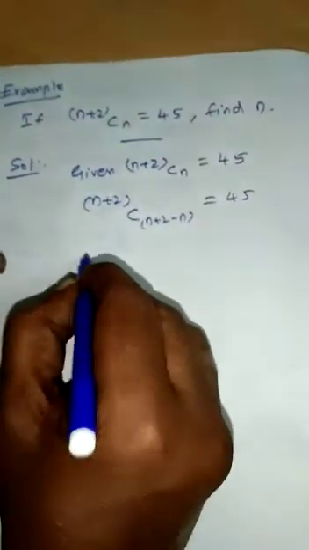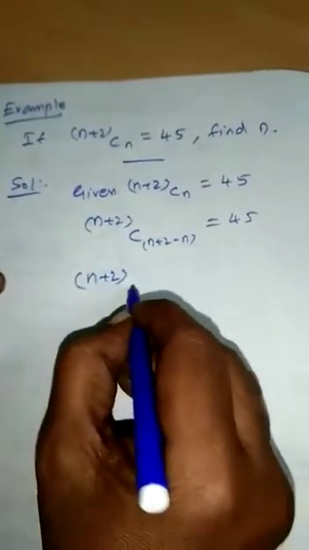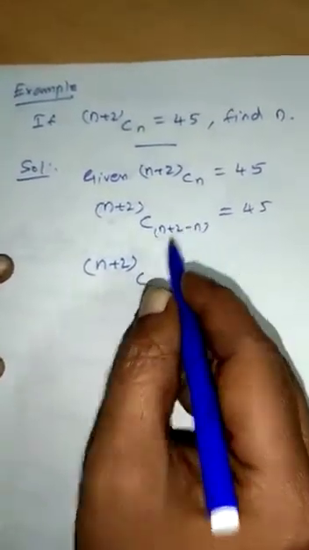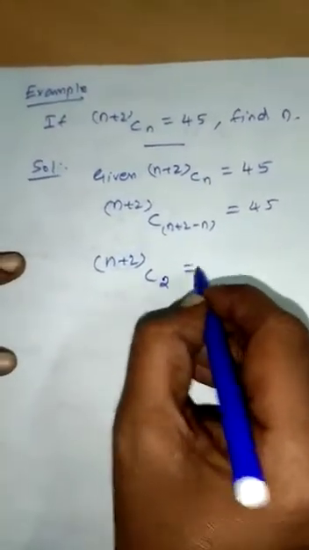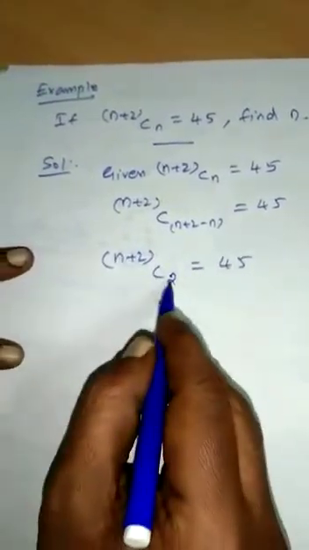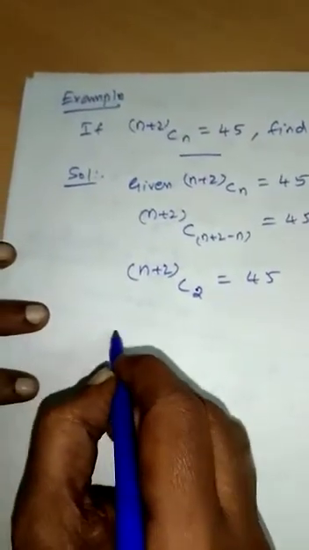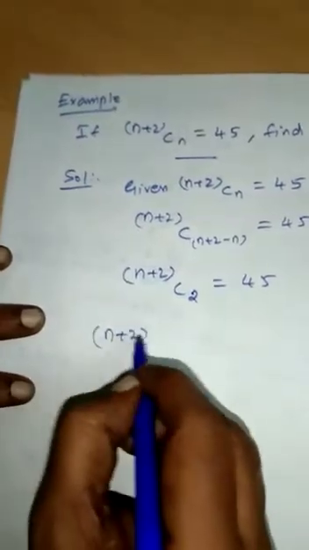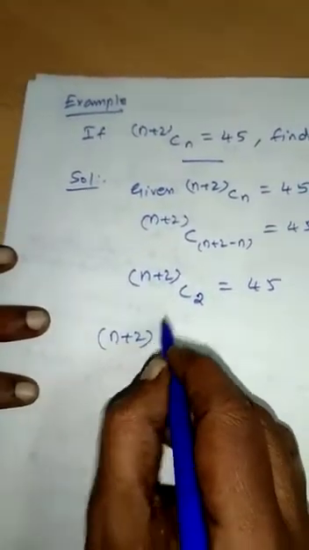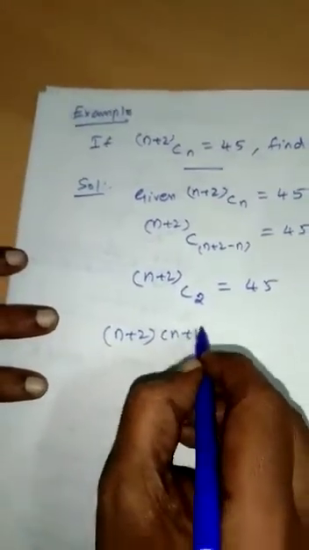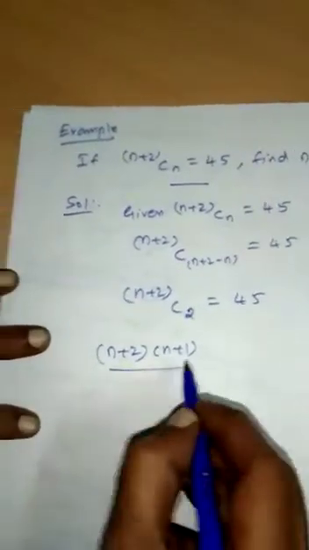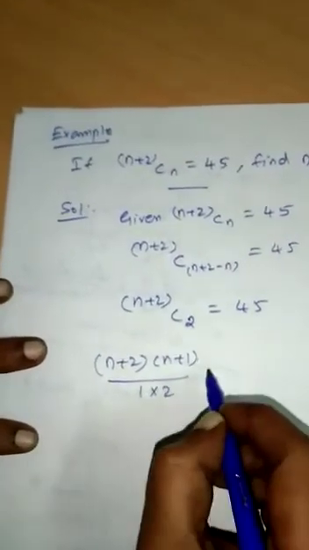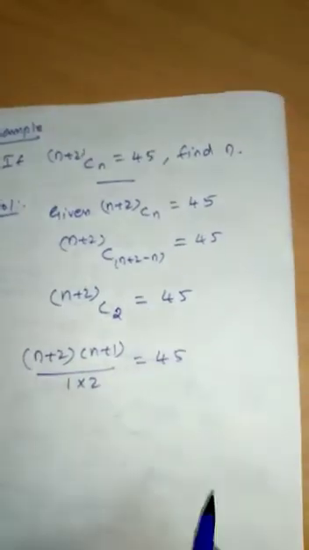That is (n plus 2) C2, cancelling n, is equal to 45. Two numbers, that is (n plus 2) into (n plus 1) by 1 into 2 is equal to 45.